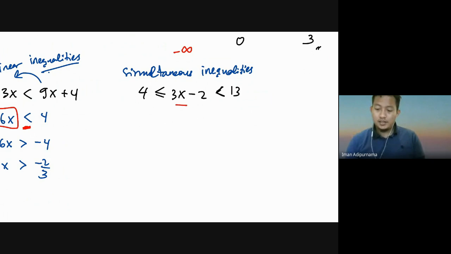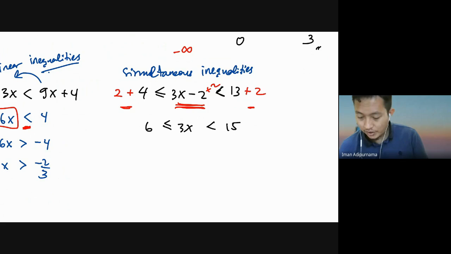So this is the middle one, right? If you want to add, you need to add to all sides here. For example, let's add +2. So +2, +2, and +2. Okay. So it will be 3x. And then divide by 3.